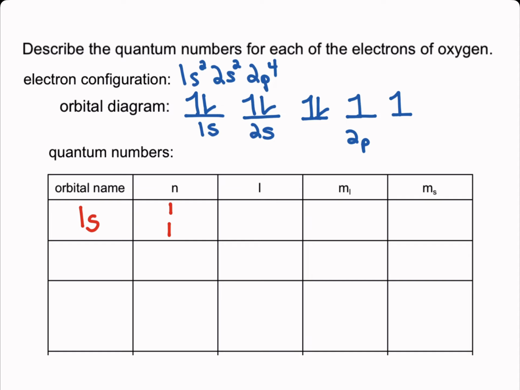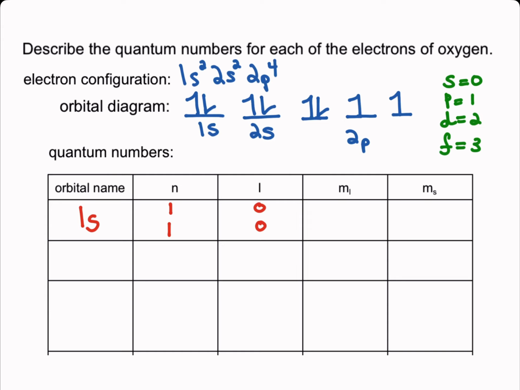And for the l, that describes the shape. We can just remember that there is the s shape, the p shape, the d shape, and the f shape. And the quantum numbers for those for l is going to be l equals 0, l equals 1, l equals 2, and l equals 3. So 1s, s is the shape, and that means l has to equal 0.